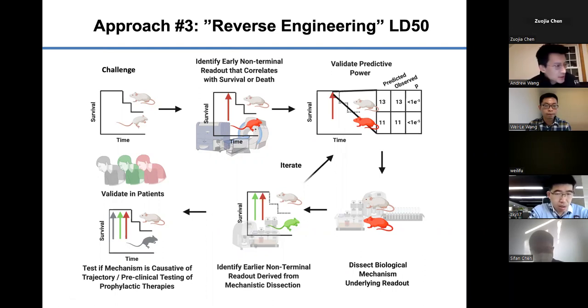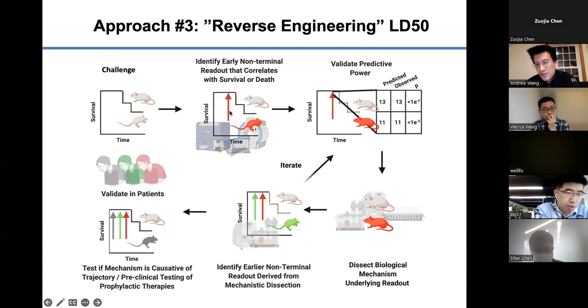But this approach was essentially to still use the LD50 model, but then try to reverse engineer it. The idea here was, can we find characteristics of mice that differed, that could predict if they would live or die?